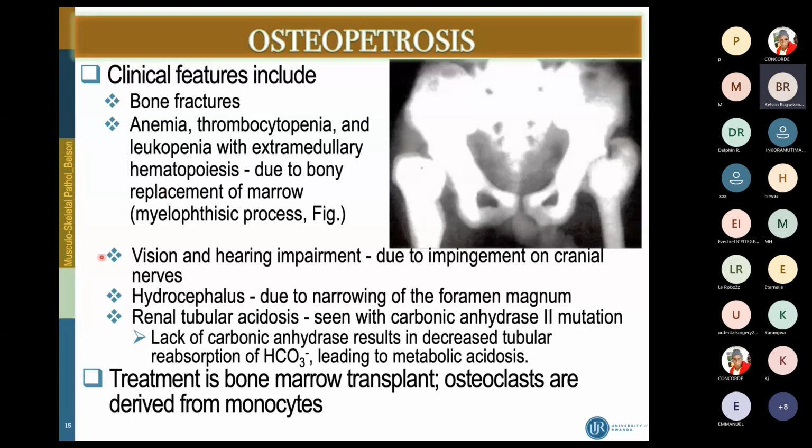It will not be a treatment to deal with osteopetrosis itself. But in a way, because osteoclasts are derived from monocytes, when you give someone these hematopoietic stem cells, which can give rise to monocytes, you can also boost the differentiation of the osteoclasts.